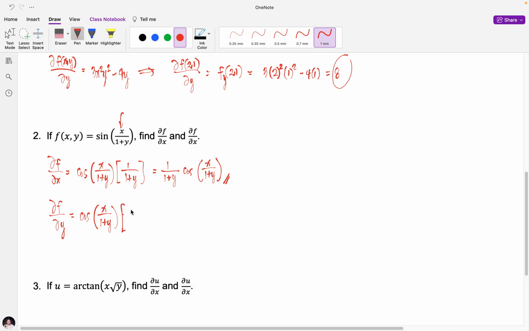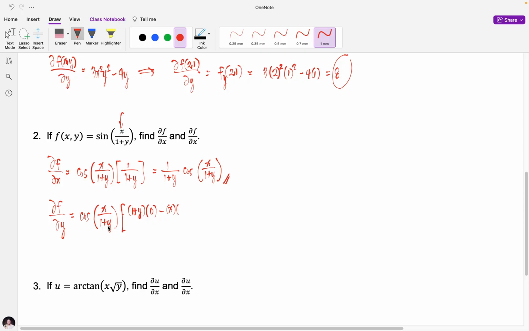Copy the denominator 1 plus y times the derivative of the numerator. The derivative of x is 0 because x is treated as a constant, minus the numerator x times the derivative of the denominator.